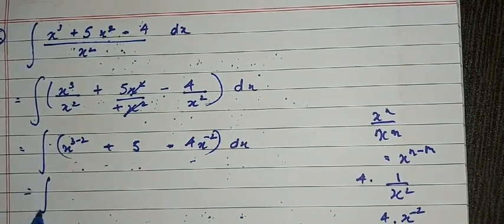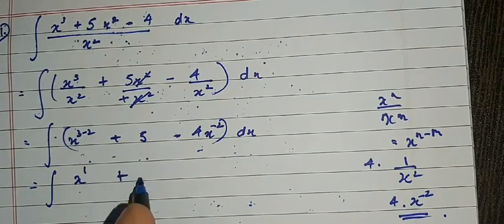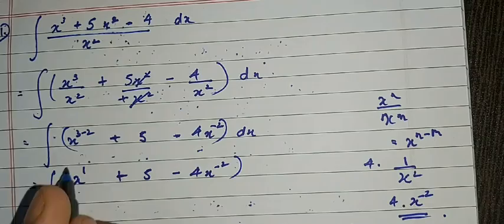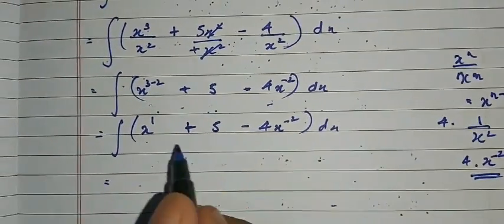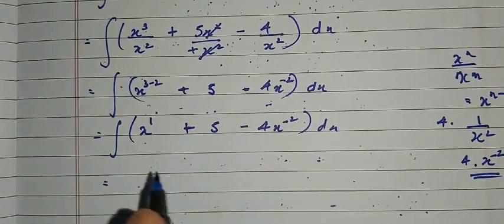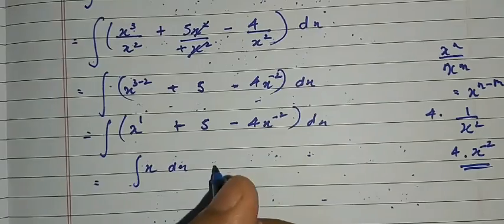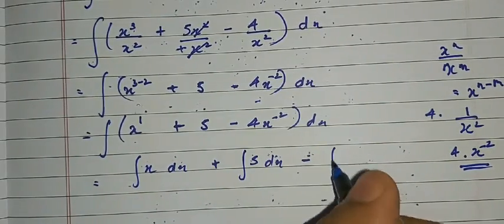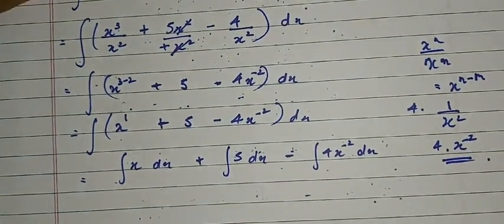We will write it again, expanded: x raised to 1 plus 5 minus 4x raised to minus 2 dx. So let us split this. There is a plus and there is a minus in between, so we can split this: integral of x dx plus integral of 5 dx minus integral of 4 x raised to minus 2 dx.